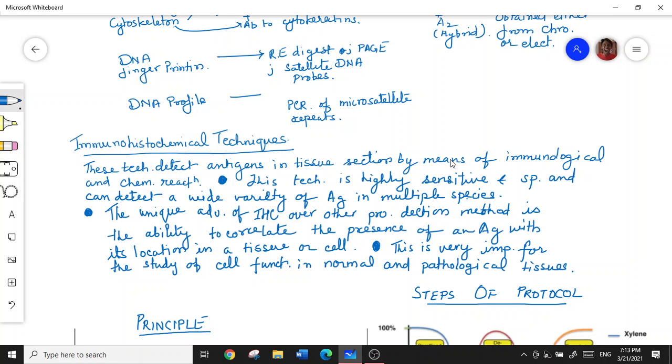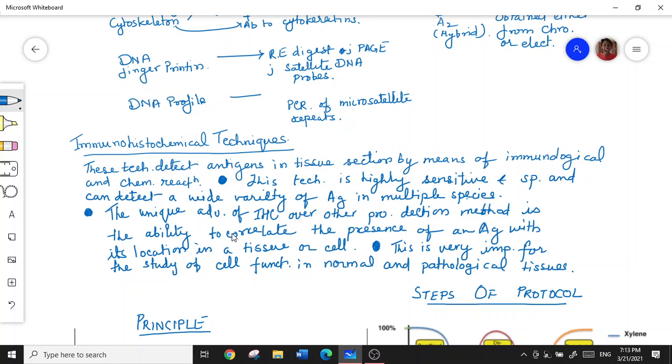We can see the presence of antigen in tissue sections, and the technique is available for multiple species. What is the unique advantage of this technique? That over other protein detection methods, it has ability to correlate the presence of antigen with its location in the tissue or cell.